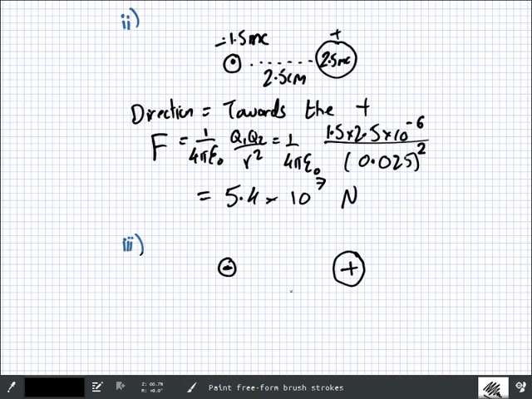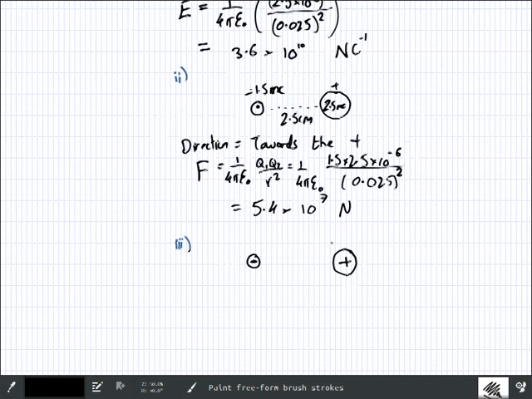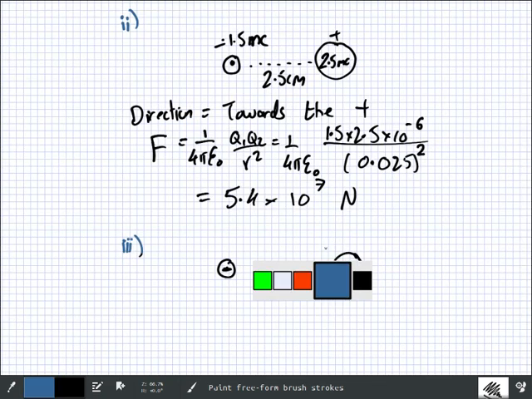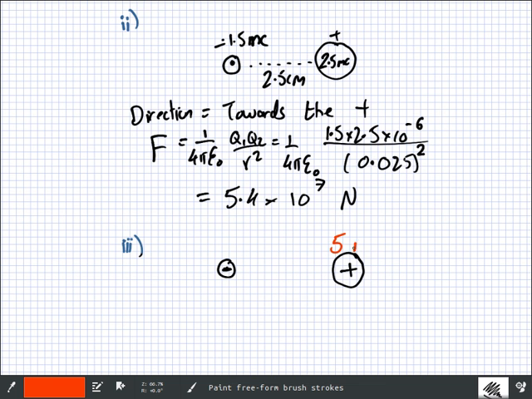So add 2.5 to both. That makes this one 5 millicoulomb and this one 1 millicoulomb, because you add 2.5 to minus 1.5. So what has happened is that it has become positive.